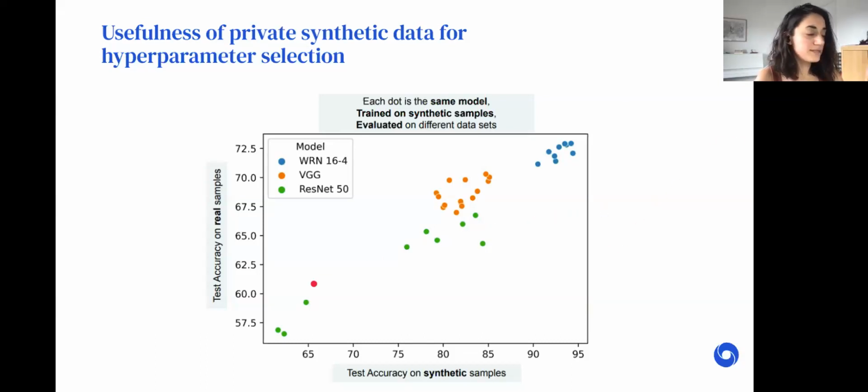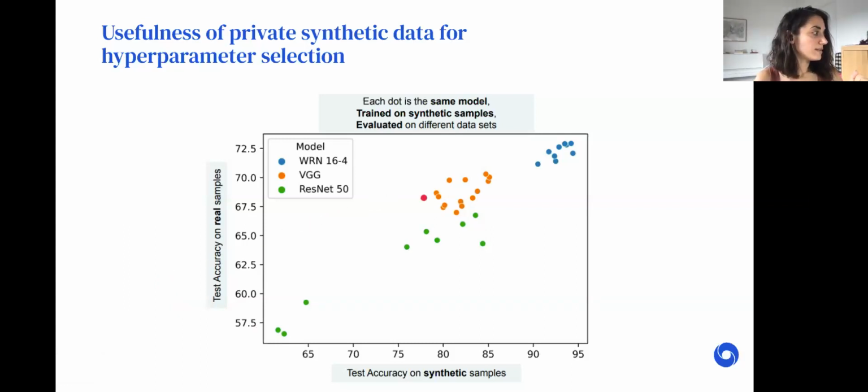Here we're looking at ResNet, VGG, and wide ResNet in the different colors. Each dot is a model trained on synthetic samples and evaluated on synthetic or real samples to see if the two correlate.